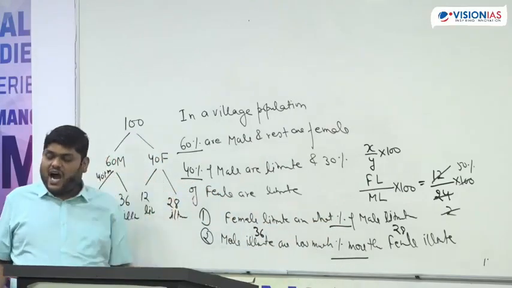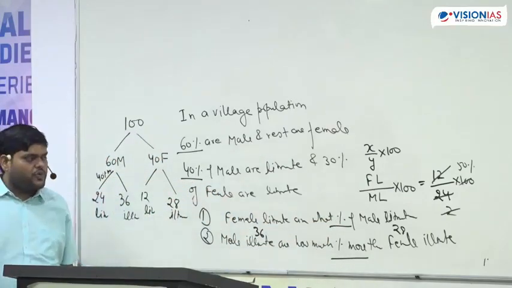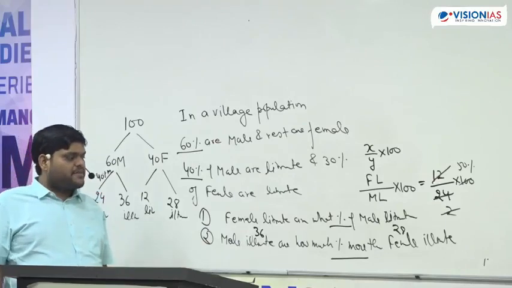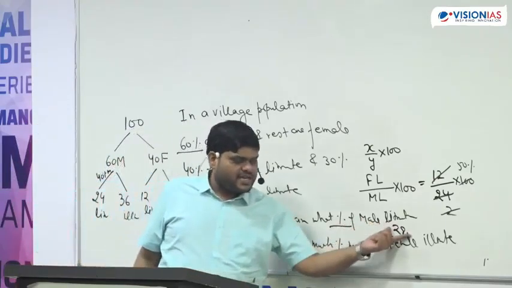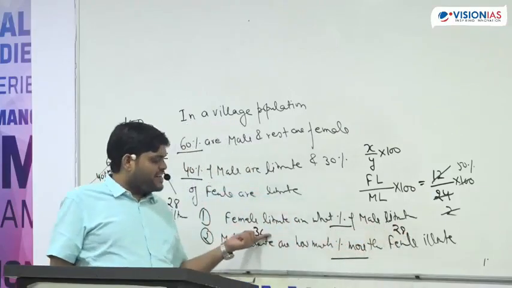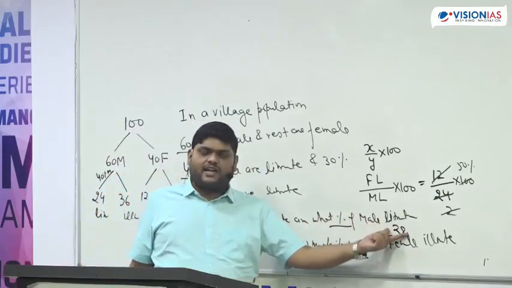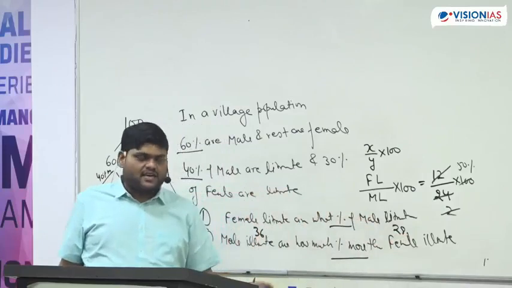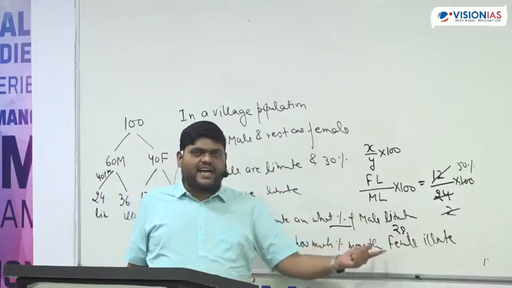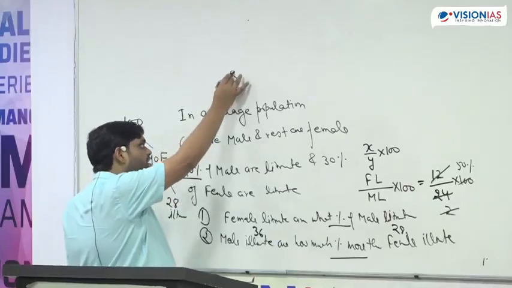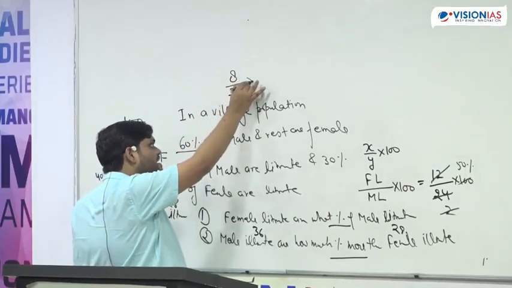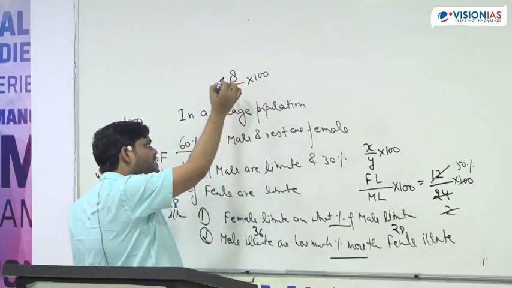Simply we can apply this: this becomes the final value and this becomes the initial value. Final value minus initial value gives us 8. 8 upon 28 into 100, and you can find out the answer.